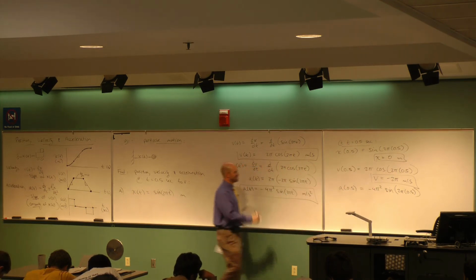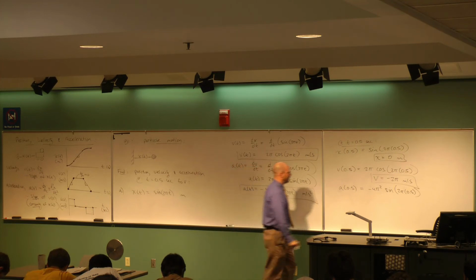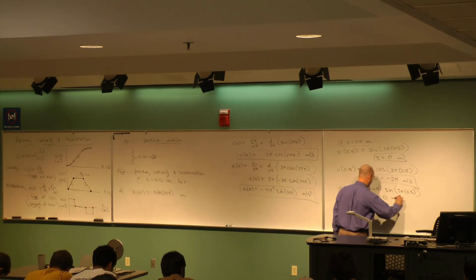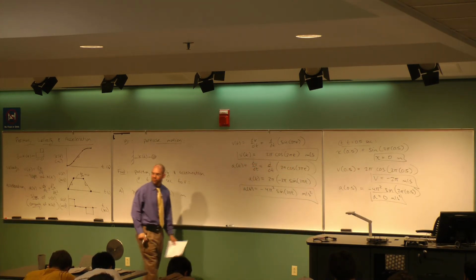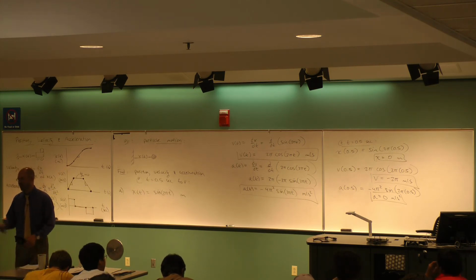What's the sine of pi? 0. Okay. A equals 0 meters per second squared. Okay. So, interesting. I'm at the starting point. I'm moving. I got no acceleration.